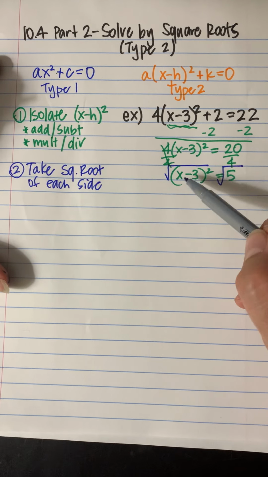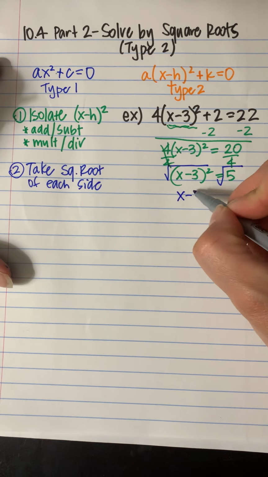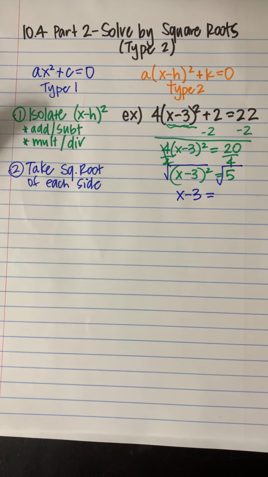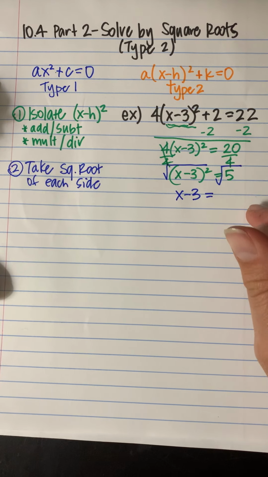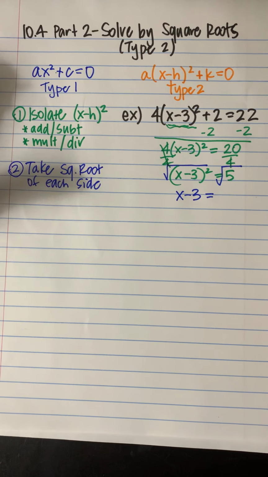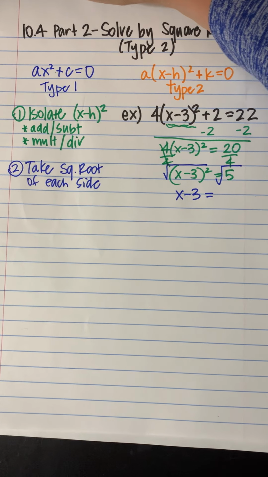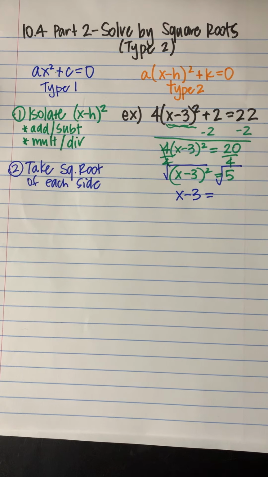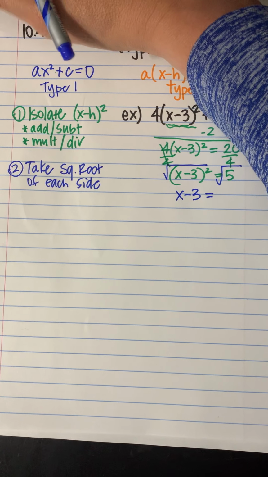The square root of something squared is just going to be the value underneath, so x minus 3. The square root of 5, we learned that there are some numbers that aren't nice numbers when you take the square root, and the square root of 5 is not super easy, so that is going to be about 2 point something.